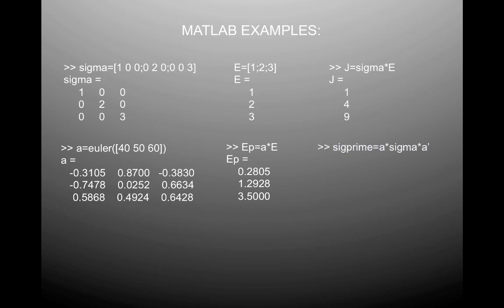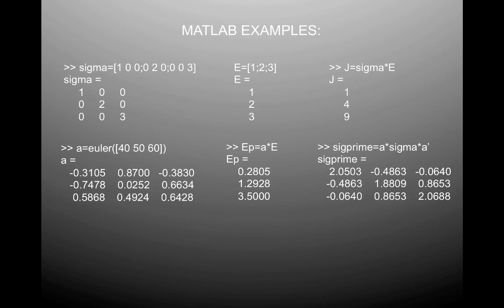I can transform my tensor for conductivity by performing the A times sigma times A prime steps. Again, MATLAB understands the appropriate vector and matrix operations. And there's the conductivity matrix in this new coordinate system.